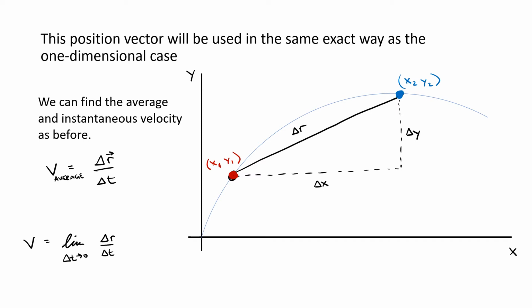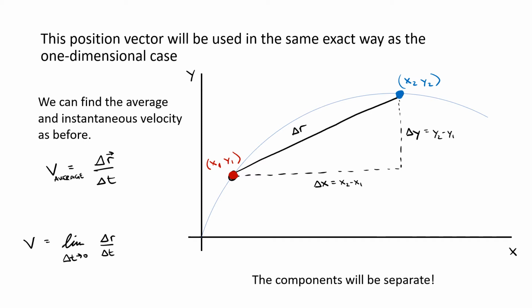And so we would just come in here and write out that this change in distance, delta x, is x2 minus x1, as well as this change in height, y2 minus y1. Hopefully that will be a bit more clear.